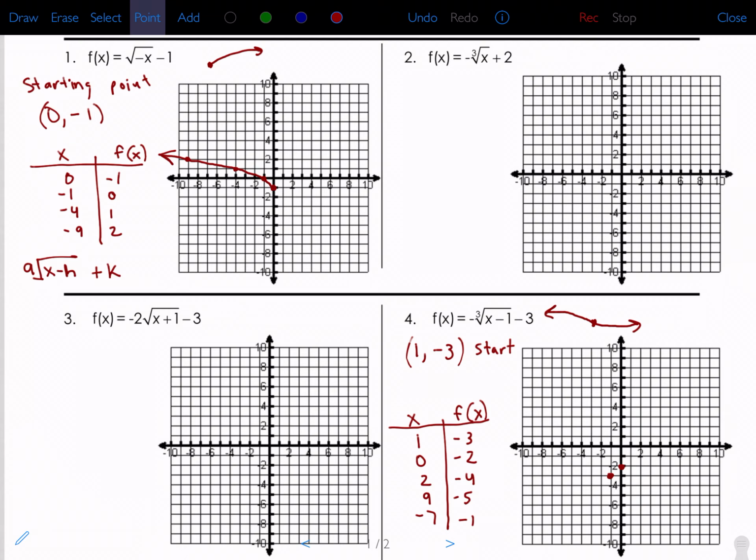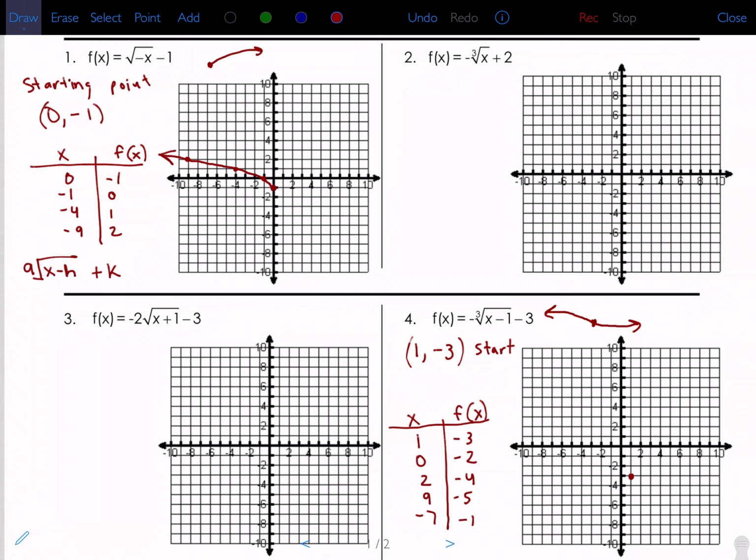2, -4. Oh, that's what it is, guys. Probably screaming at me through the screen here. That's a -1 right there. So our starting point was wrong from the jump. +1 is out. Here, ladies and gentlemen, so 1, -3 is there.